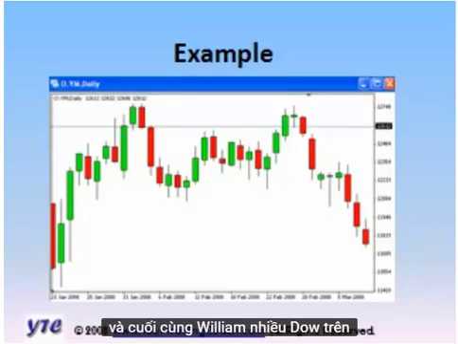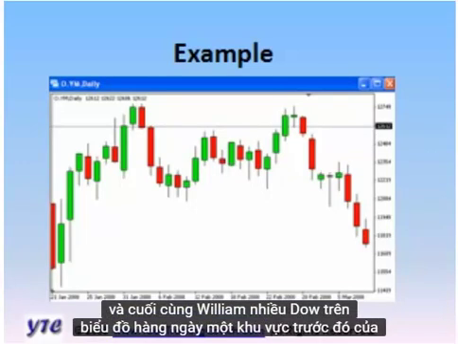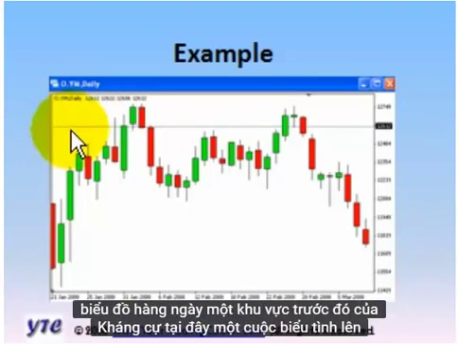And finally, YM Mini Dow on the daily chart. A previous area of resistance at this point here.